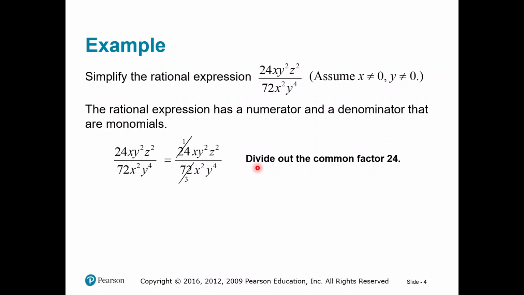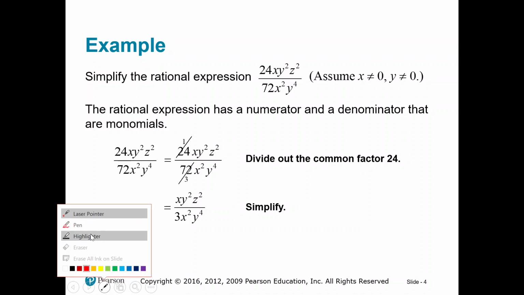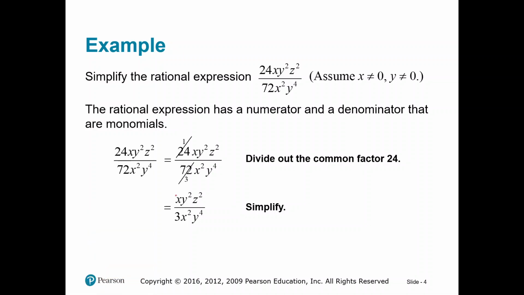So 24 divided into 72 is 3 times. 24 divided by 24 is 1 time, so now we have 1/3. Think of 1 on top like this.